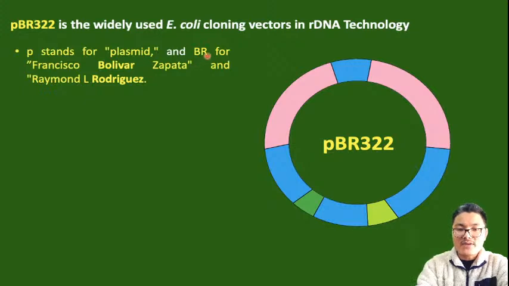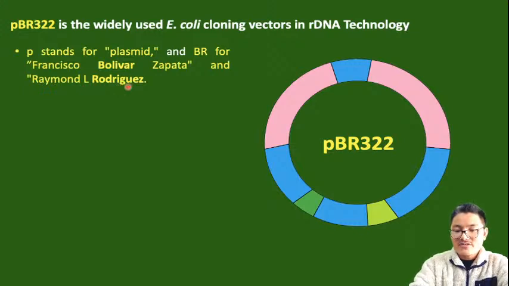B stands for Bolivar, the name of one of the scientists, Francisco Bolivar Zapata. And we have another R in the plasmid pBR322. R stands for Rodriguez. The full name is Raymond L. Rodriguez.